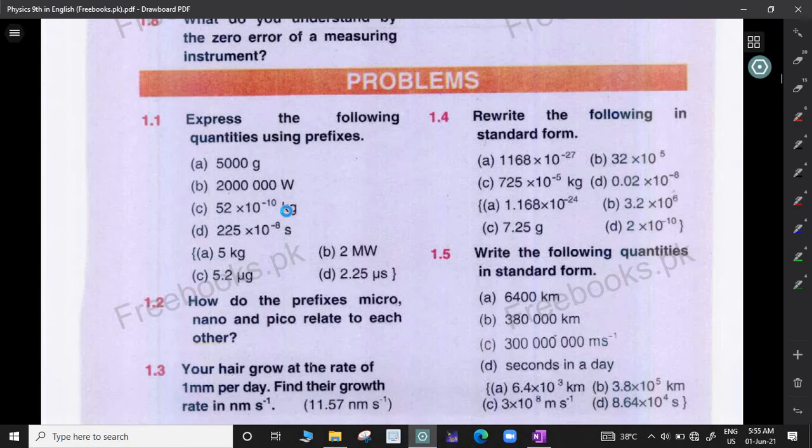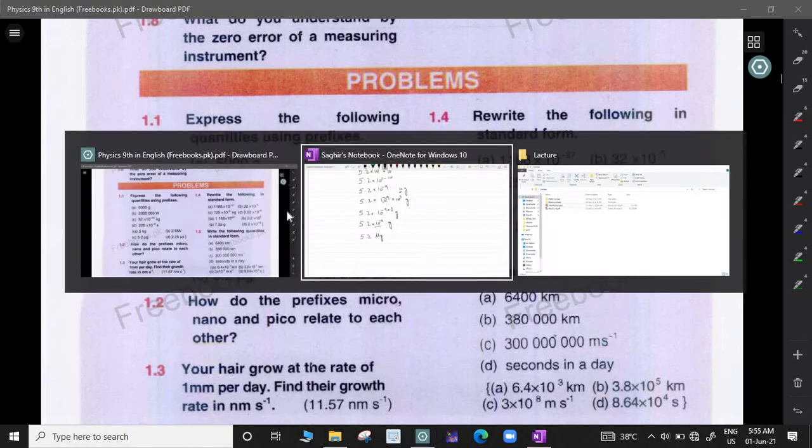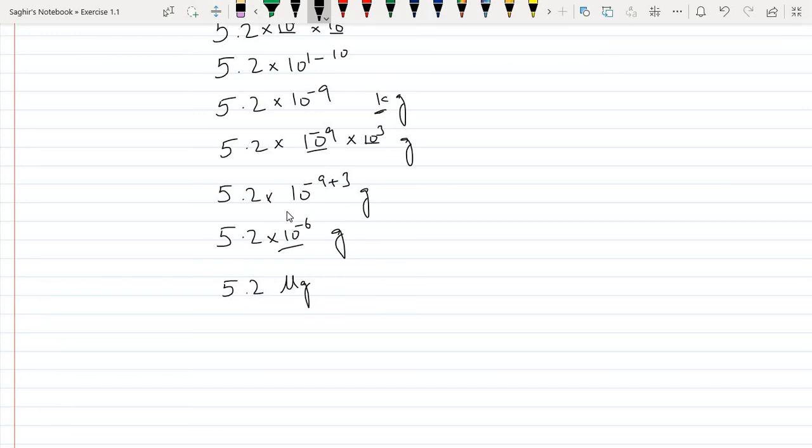Now I am solving its last part, D. 225 multiplied by 10 raised to power minus 8. To convert it into prefixes, first of all we write it in standard form.